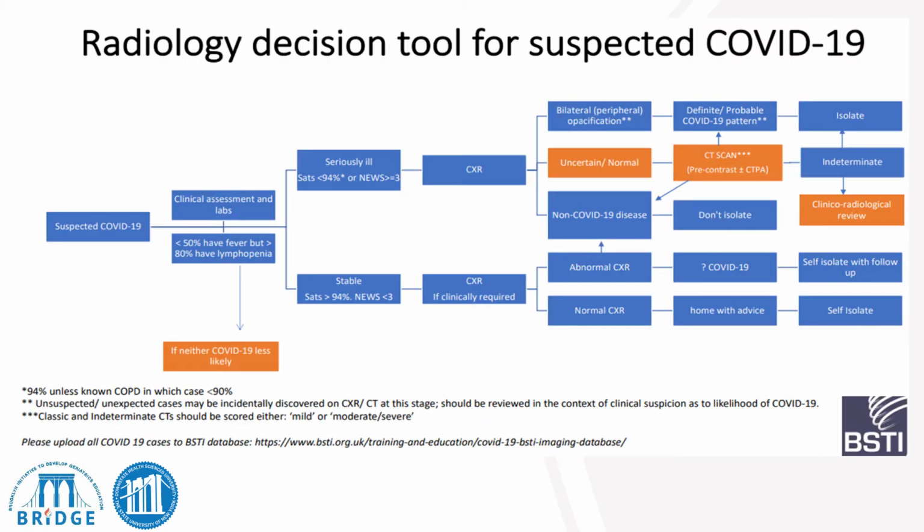So this is just a flow chart that will help providers decide who gets radiologic testing. Any suspected case of COVID-19 needs clinical assessment and lab work. If the patient is looking seriously ill, or if the lab tests come back concerning for COVID-19, the patient needs a chest X-ray.